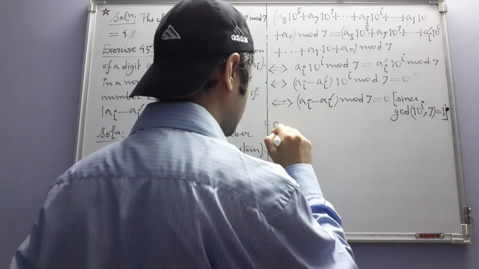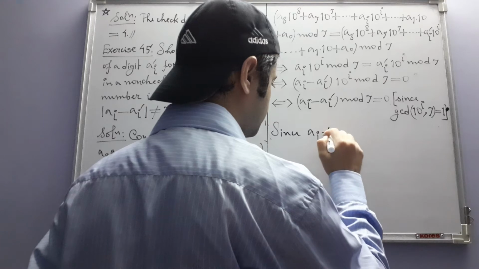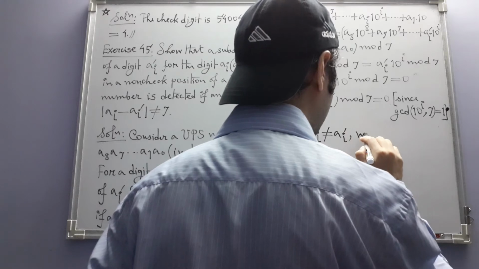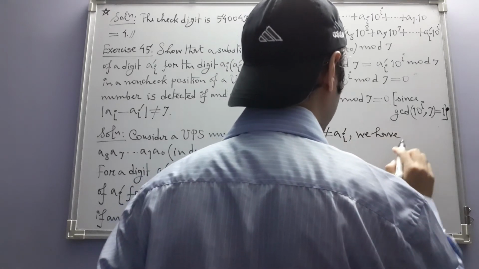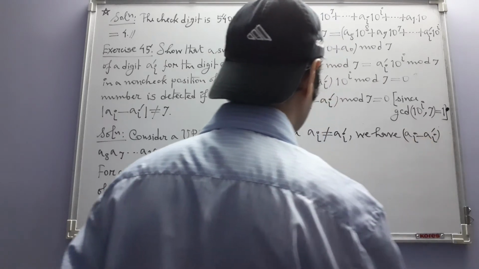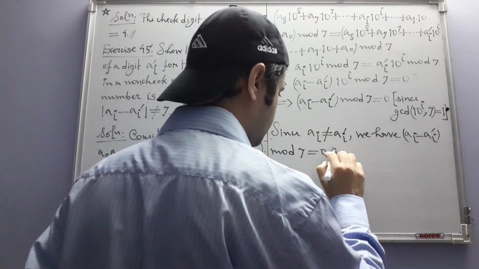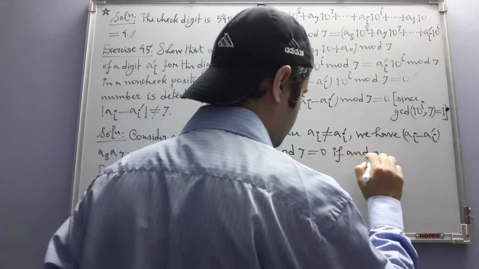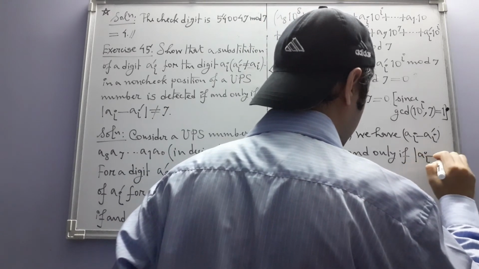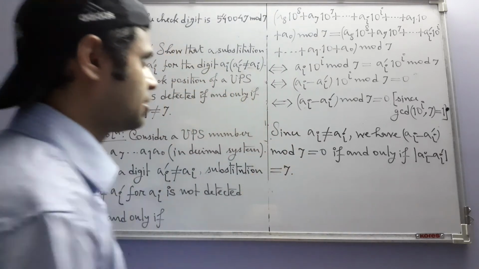Since AI is not equal to AI prime, we have AI minus AI prime mod 7 equal to 0 if and only if this absolute value is equal to 7.